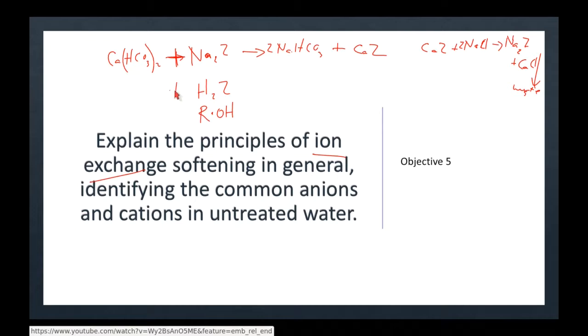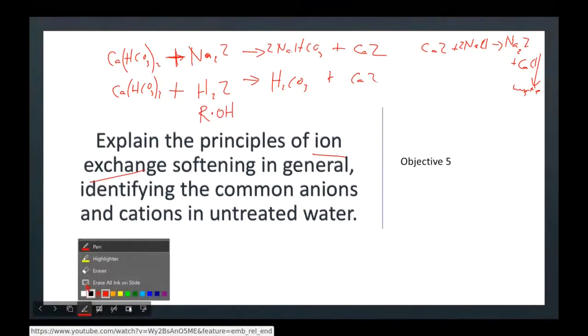As for the hydrogen zeolite softener, it's the same type of thing where we've got, again, this form of temporary hardness coming in, plus the hydrogen zeolite is going to actually give us carbonic acid and calcium zeolite. Or let's say we've got something else going in.